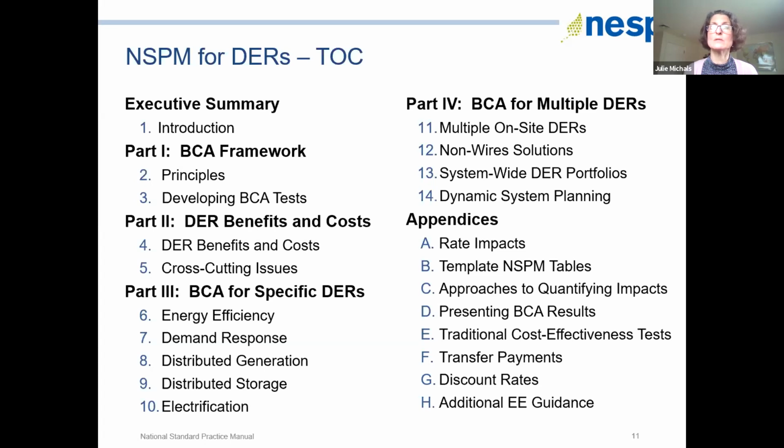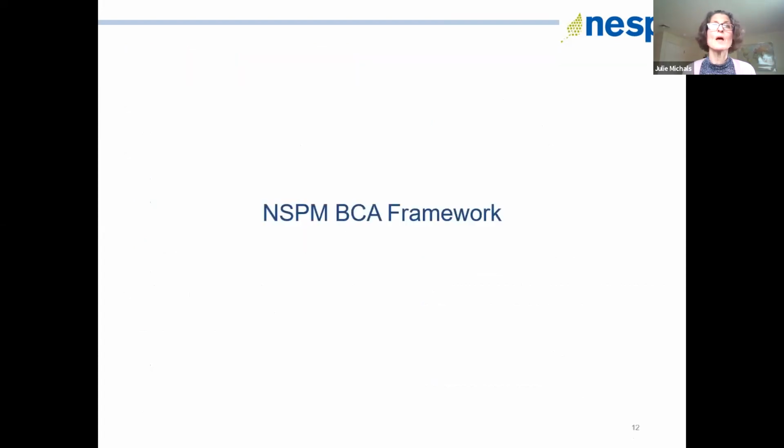How can you consider and look at BCA results, depending on what your priorities are? And then we touch on dynamic system planning. That's not an area of focus, but we touch on the relevance vis-a-vis the previous sections. And then a host of appendices to support application of the guidance. So let me touch on the BCA framework.